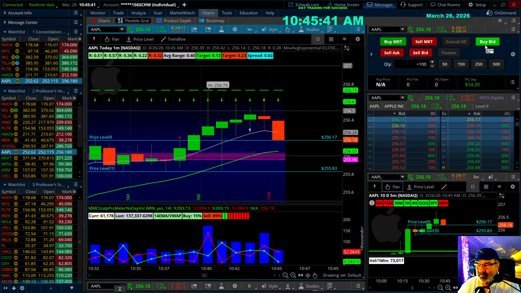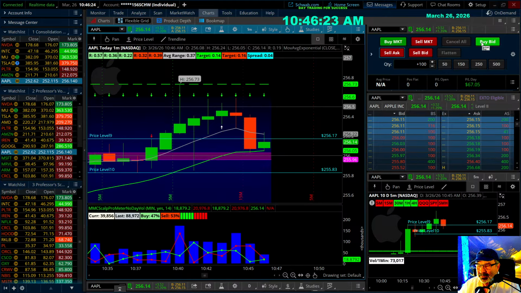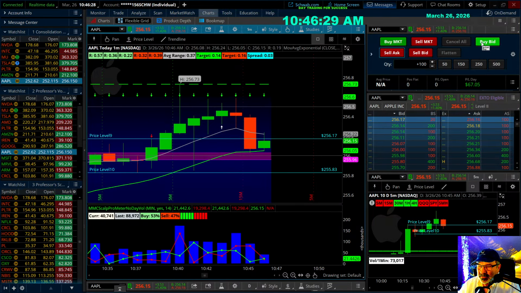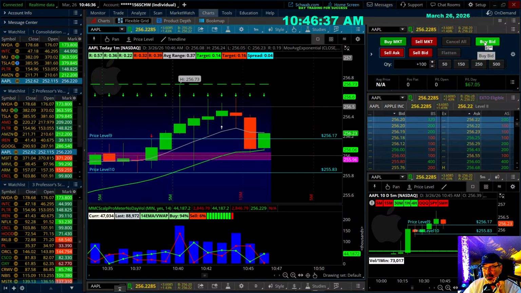See if we get another dip. Nope, there it goes higher now. Looks like it wants to go up, guys. Any kind of a dip here. I kept looking to get closer to the 256, but it's crawling up 3 or 4 cents each cycle here.